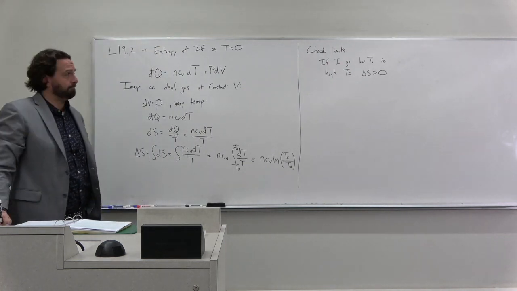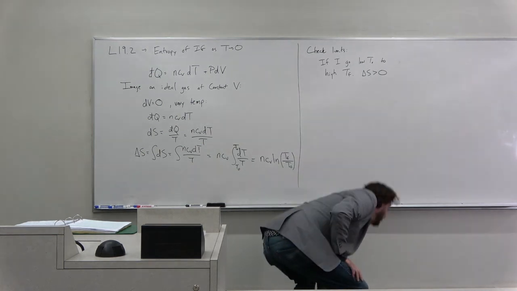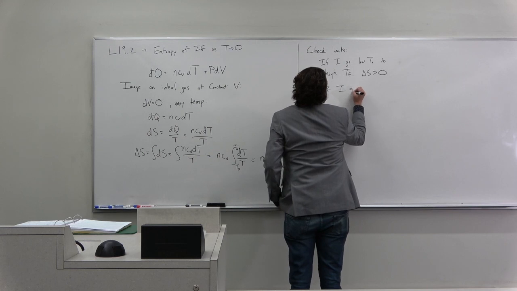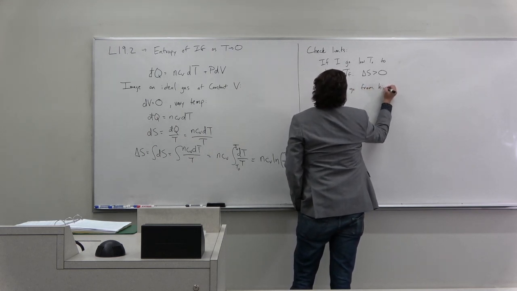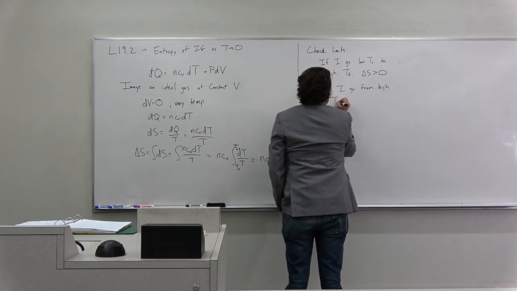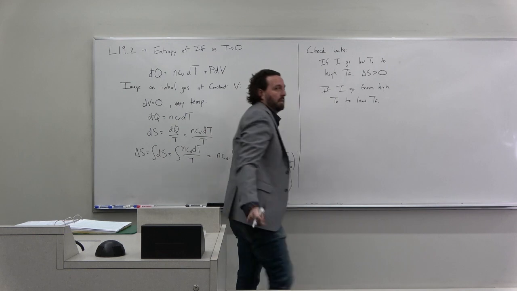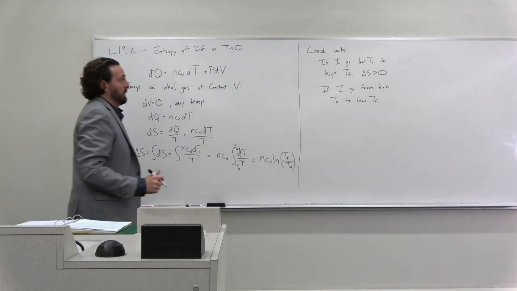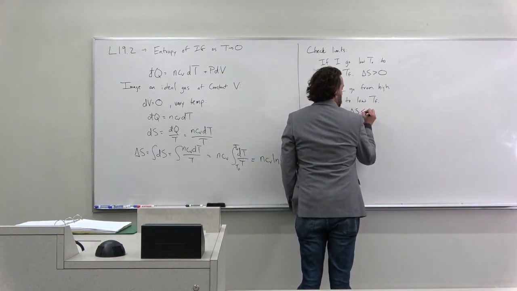Great. If I go from high T0 to low TF, I started at high temperature, I put something in a refrigerator, I go to lower TF. What happens? Delta S is less than 0.